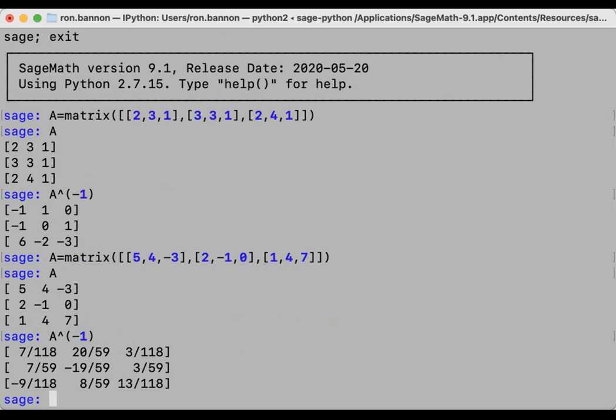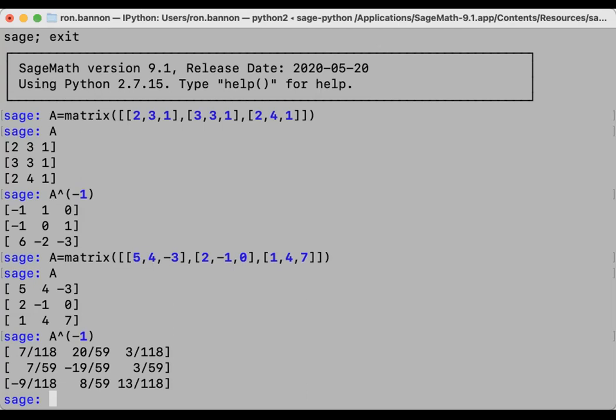So the first entry is 7 over 118. The next one's 20 over 59. And the next one's going to be 3 over 118. And the next one's 7 over 59. And the next one's minus 19 over 59.